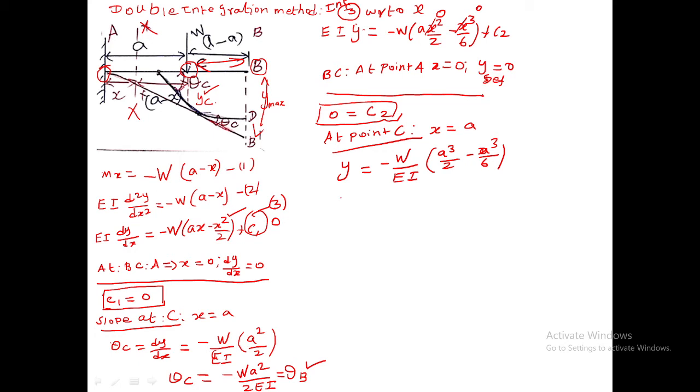So the deflection at point C is minus W a cube divided by 3EI. This is the deflection at point C.